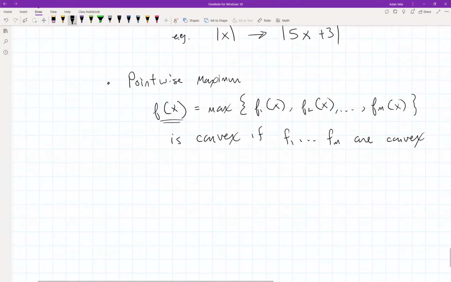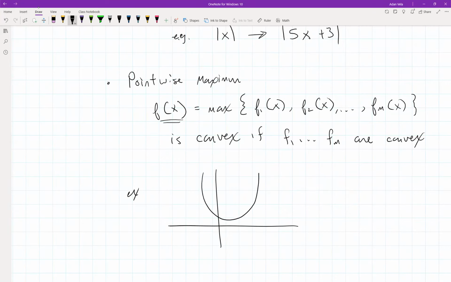All right, so let's do an example of that. Let's say I have a parabola and a line. So this line f1 of x is equal to x plus 3.